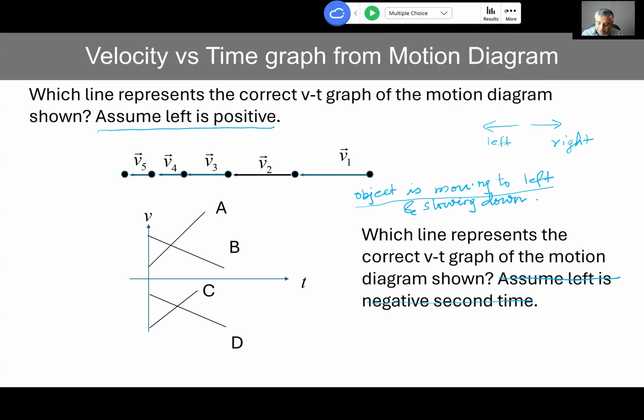So now it says left is positive and this thing is moving to the left. So that means velocity is positive.